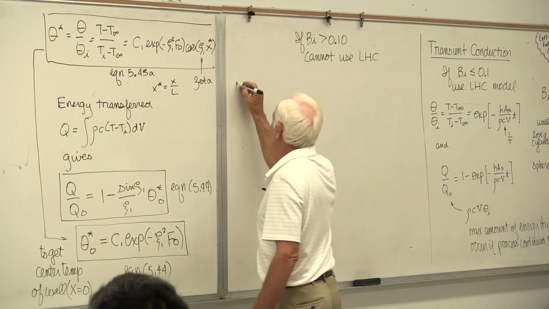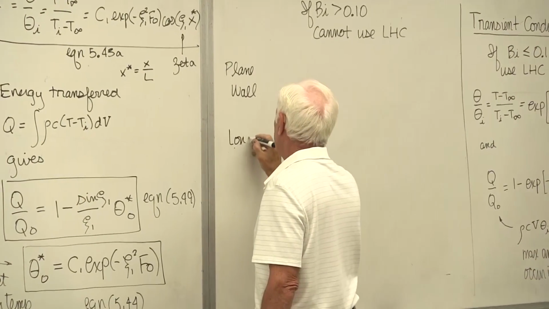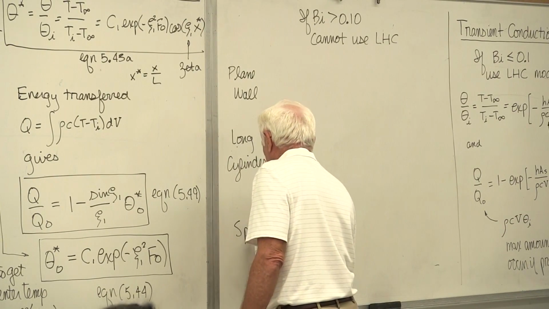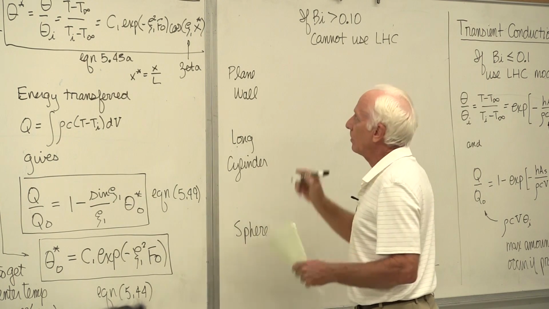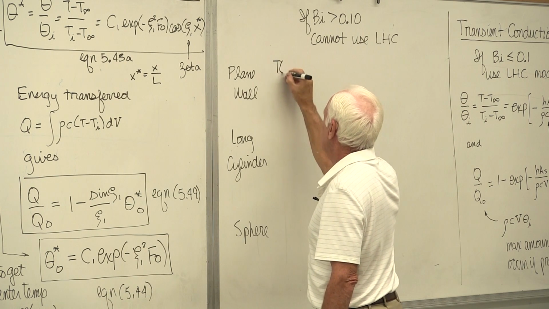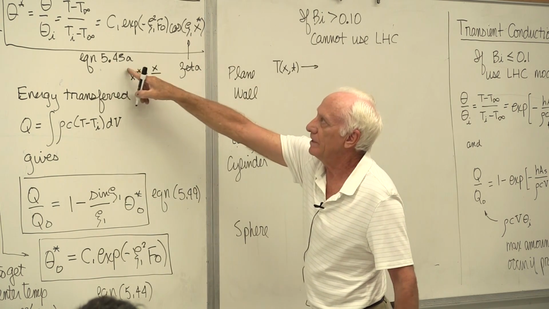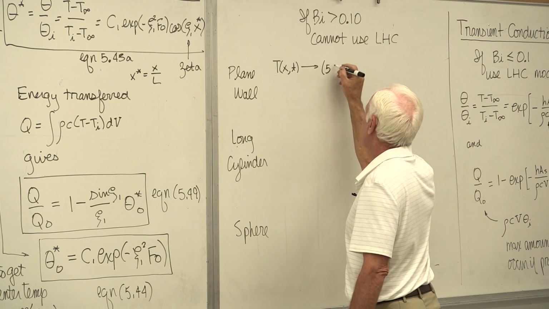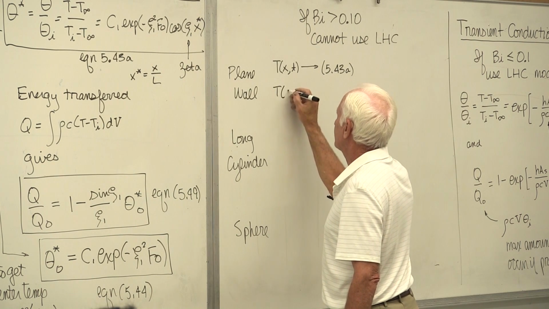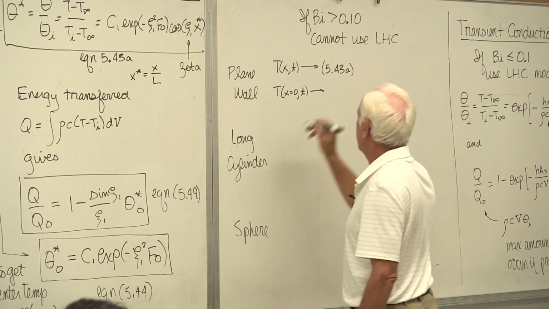So, plane wall, long cylinder, and a sphere. Plane wall for the center temperature, or the temperature at any x for any time. There it is, equation 5.43a. The temperature at the center for any time. There it is, 5.44.